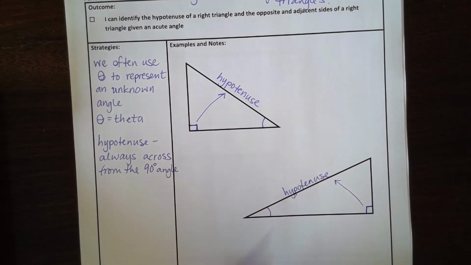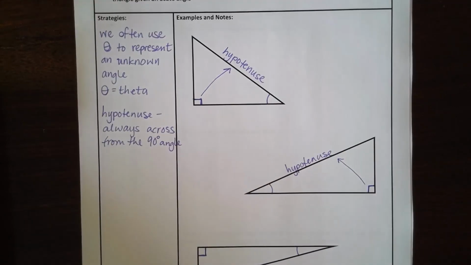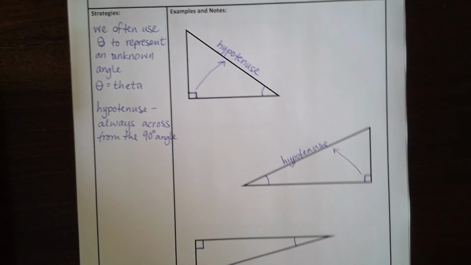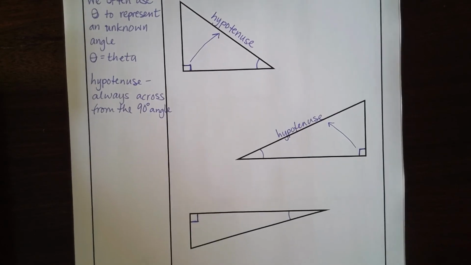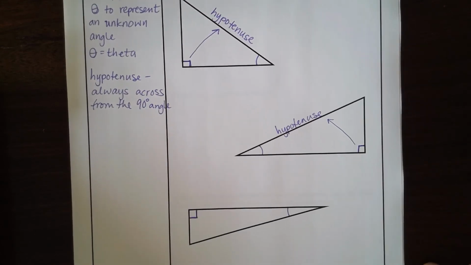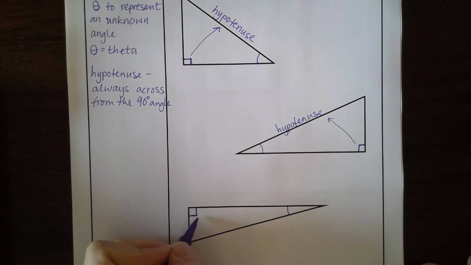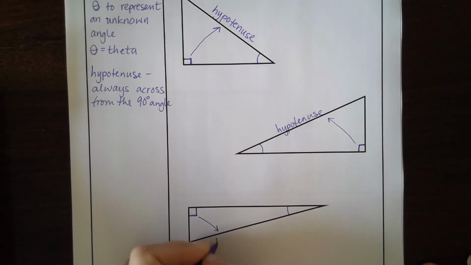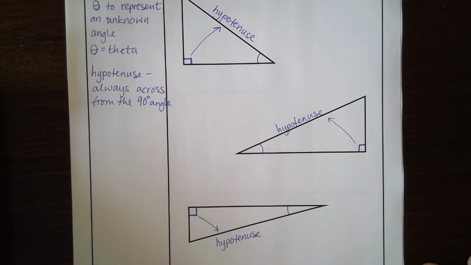That quick little fix of really identifying the hypotenuse makes things a lot simpler and a lot less confusing. In our bottom triangle here, this is our 90-degree angle, so this is our hypotenuse. It's always across from our 90-degree angle.